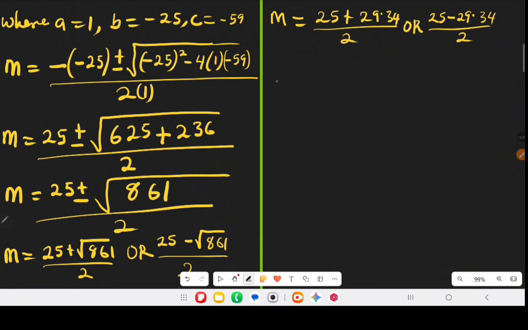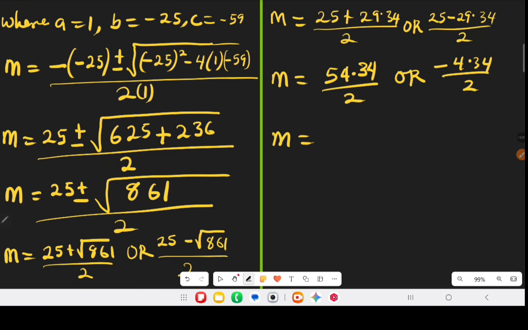Then 25 plus 29.34 gives us 54.34 all over 2, or 25 minus 29.34 gives us minus 4.34 all over 2.